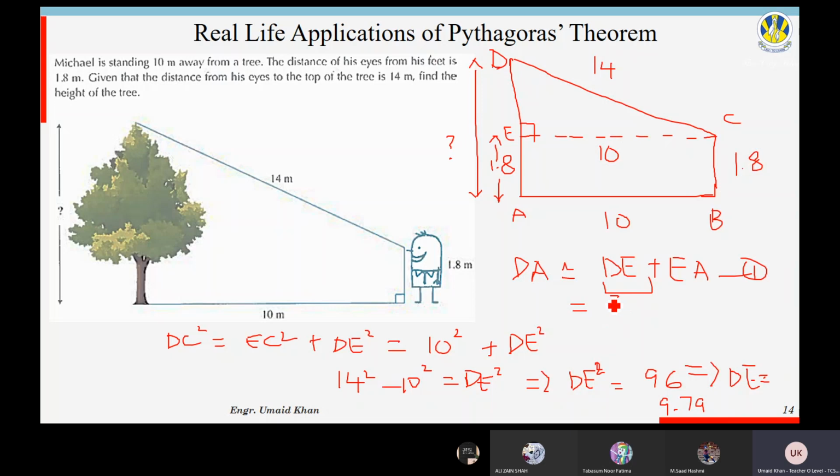You will get 9.79 plus EA, which is 1.8. So the answer will be 11.6 meters.